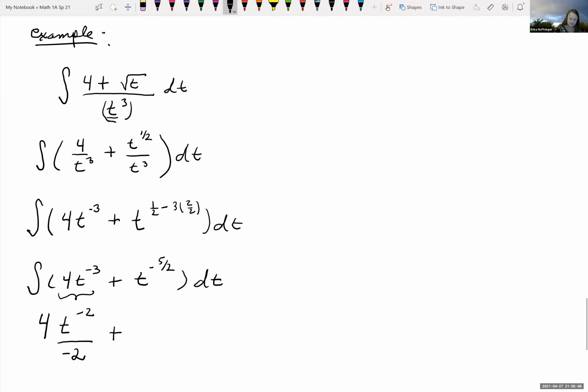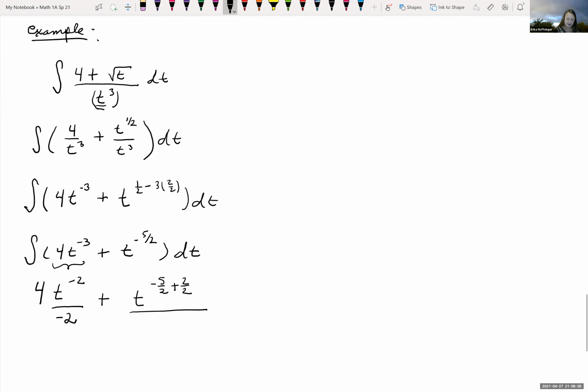Plus, so t to the, I have to add 1 to my exponent. Because it's a fraction, I'm just going to add 2/2 here. And I'm going to divide by my new exponent. Well, now that I can see it, -5/2 plus 2/2 is -3/2. And then I need my plus c.